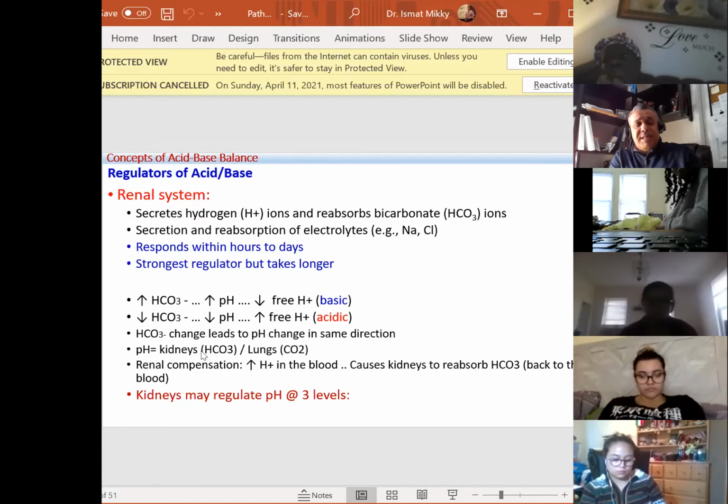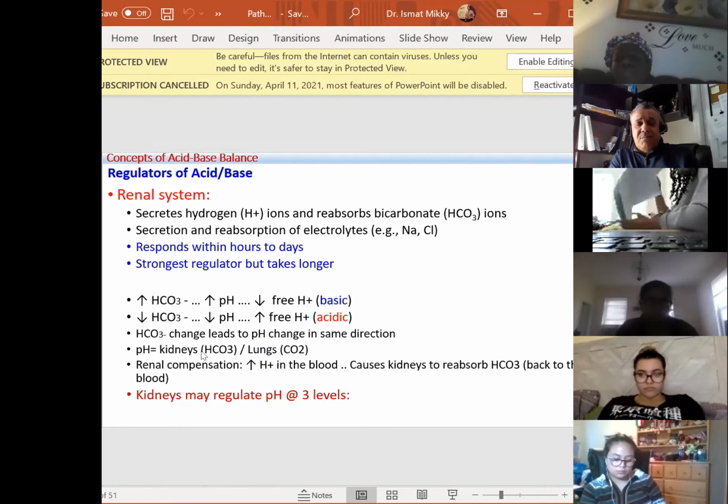Let's say the patient is experiencing acidosis. First of all, let's focus on the kidneys as the source of the problem. Let's say this patient has been diagnosed with end-stage renal disease, end-stage renal failure. This patient is going to retain potassium, and eventually they become acidotic.